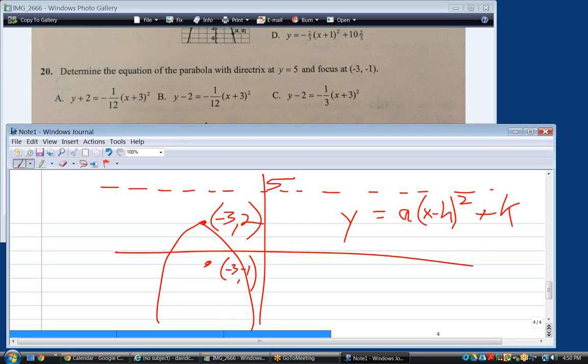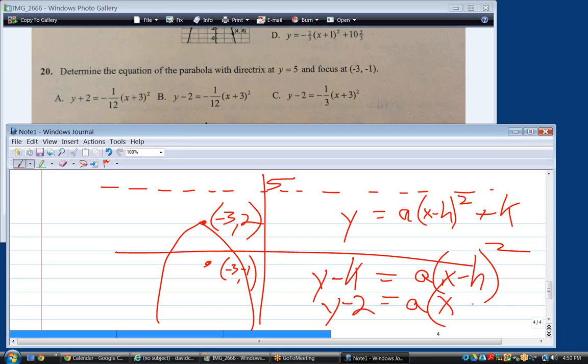The answers all have y plus something. Well, if I move this k over to the left, it becomes y minus k equals a times (x minus h) squared. What's k? 2. So we're looking at either B or C: y minus 2 equals a times (x plus 3) squared.